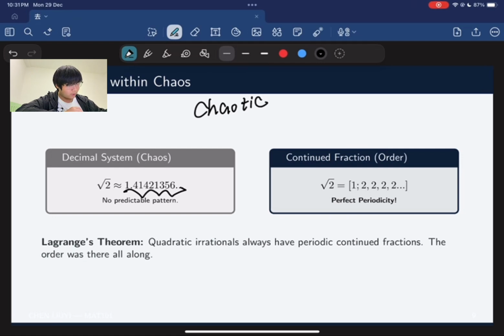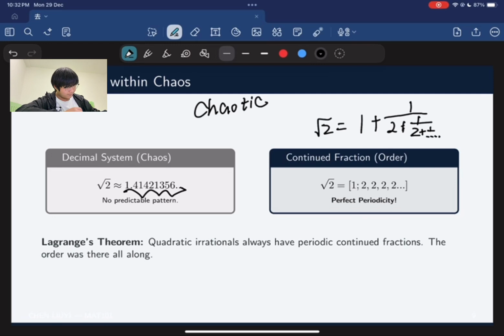No predictable pattern. But if we use a continued fraction, this becomes orderly. The square root of 2 equals 1 plus 1 over 2 plus 1 over 2 plus 1 over 2, and so on.